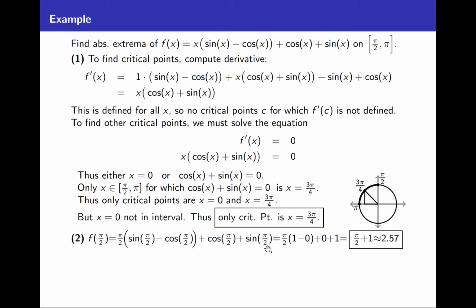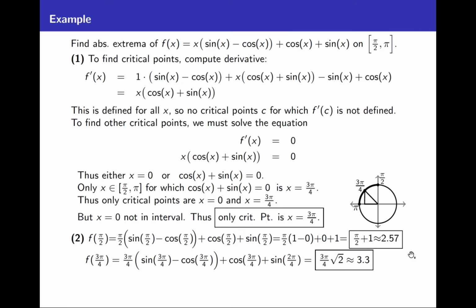Well, cosine pi over 2 is 0 and sine pi over 2 is 1. When you run that through, you get pi over 2 times 1 minus 0 plus 0 plus 1. So f of pi over 2 is pi over 2 plus 1, which is approximately 2.57 if you take out a calculator or do it by hand.